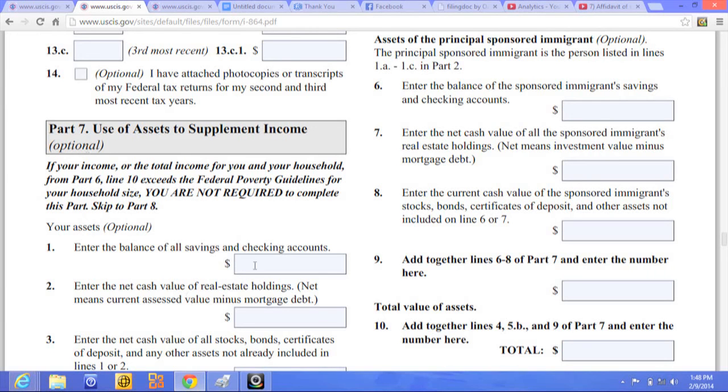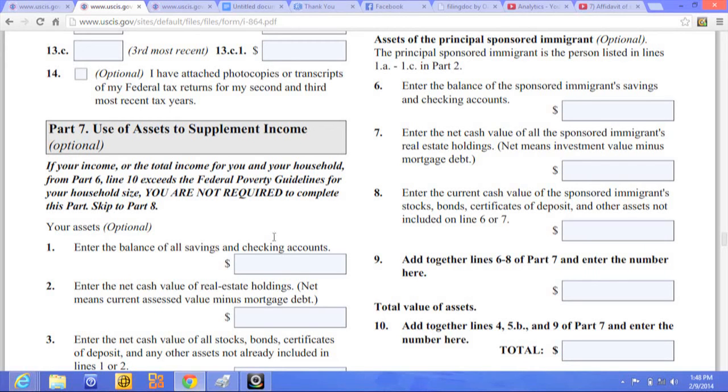So you're going to put what you have in your savings account or checking account, money you have. This can be proved with a statement. You will enter the cash value of any real estate. Let's say you have a house. You can, but understand, if you have a house, you're going to need an appraiser.